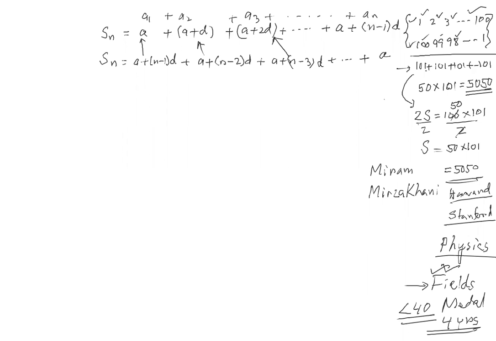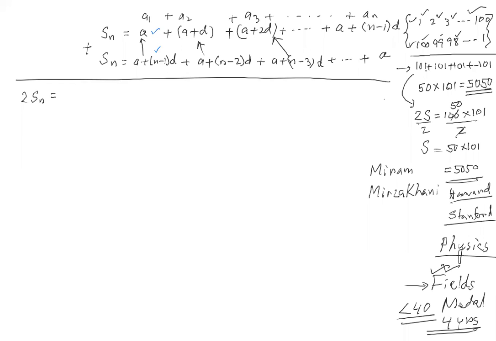All right, back to our problem. So S sub n, I'm going to add these two. If I add them, I'm going to get 2 S sub n. That's going to be equal to, again, I'm adding this one and this one.